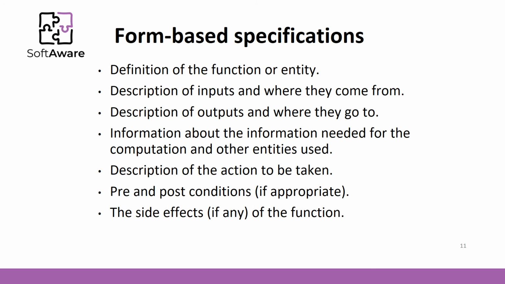Additionally, I would like to present form-based specifications as these are commonly used as an extension in UML use case diagrams. Forms usually define functions or entities, describe inputs and where they came from, outputs and where they go to, pre- and post-conditions, and other things.